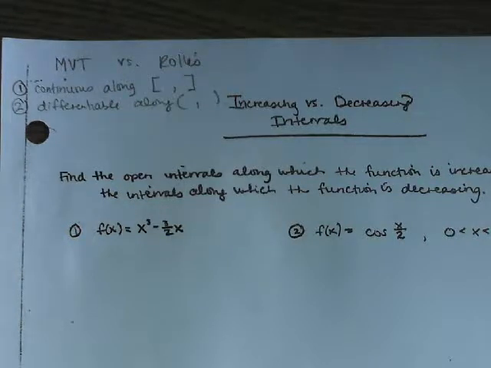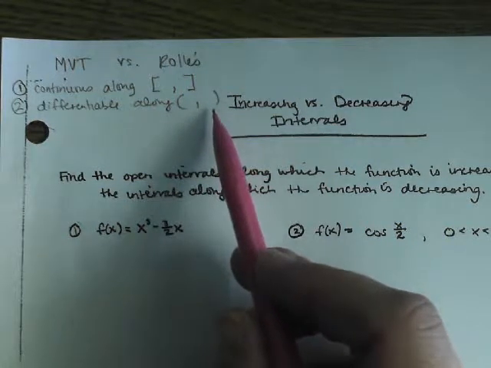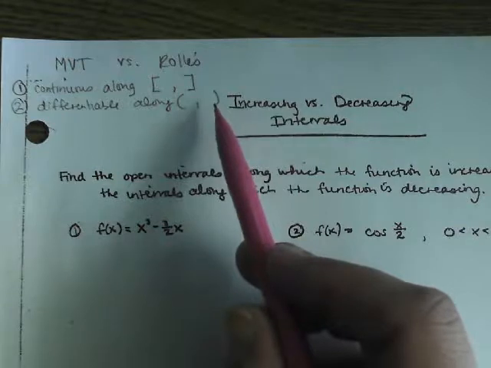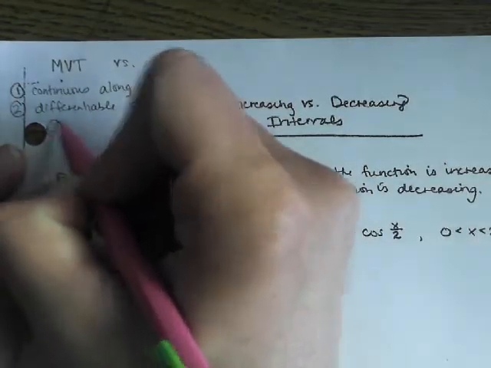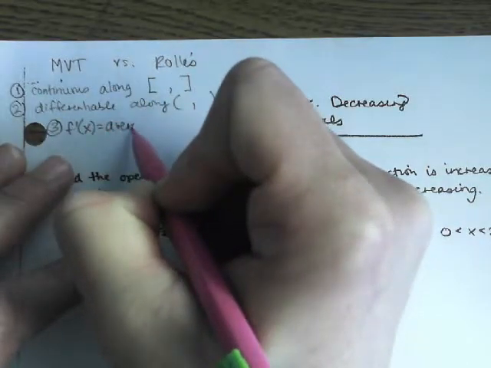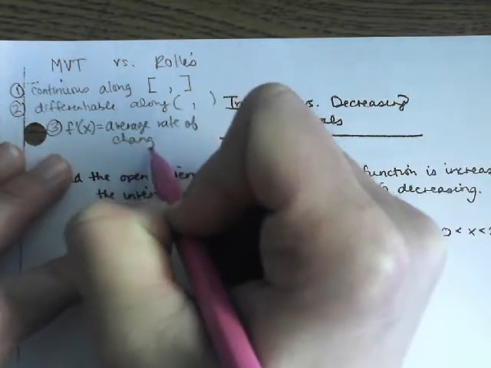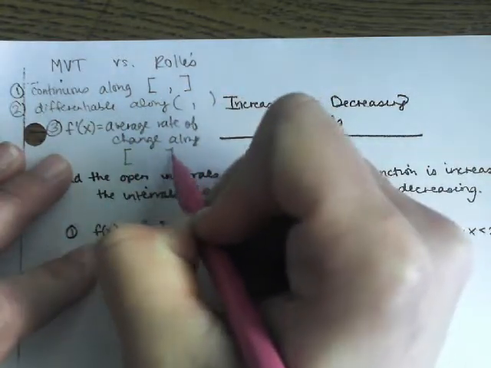So if you have those endpoints and you're including those endpoints with brackets, nothing's going to be differentiable along a closed interval because it cannot be differentiable at an endpoint. So that's open. From there, in both cases, you set f prime of x equal to the average rate of change along your interval.